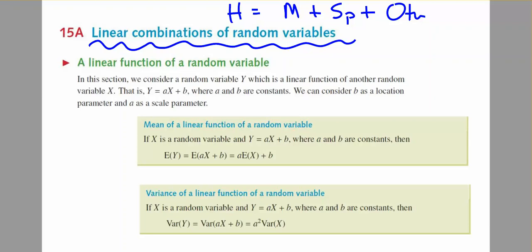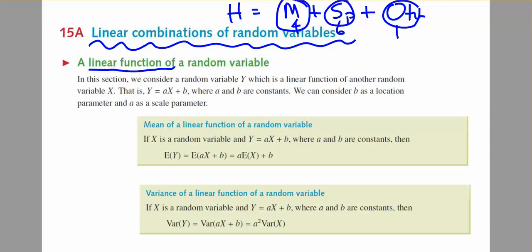I might do 4 hours of methods, and I might do 6 hours of specialist, and I might do 1 hour from every other subject, which gives me a total of 11 hours. And we're considering each of them which have a separate distribution, but then adding them together to give you a new combination. So it's called a linear function where we are adding the three separate variables together.